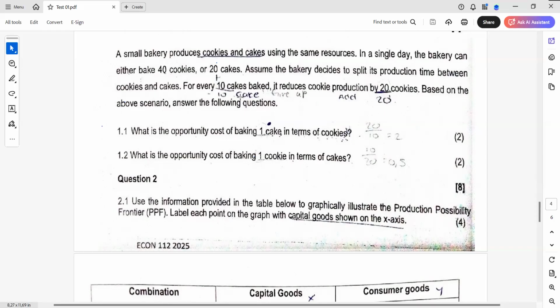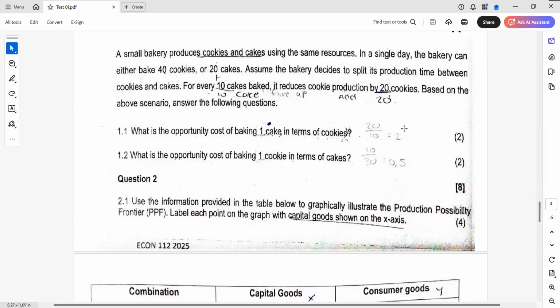Remember the formula to calculate opportunity cost is loss over gain. So it's basically 20 cookies divided by 10, which is 2, right? And what is important here, you also need to show the formula, which is loss over gain.